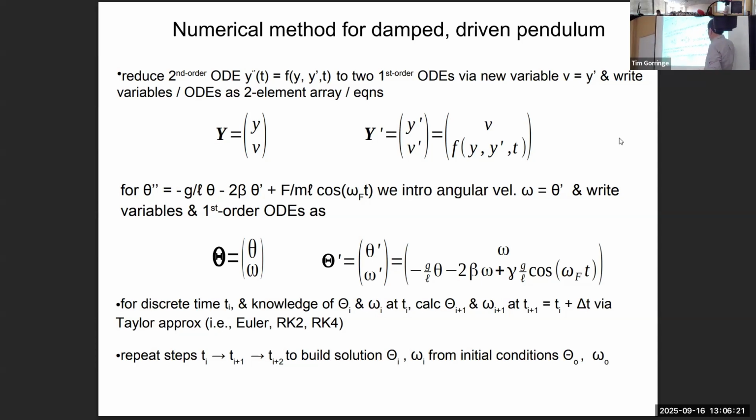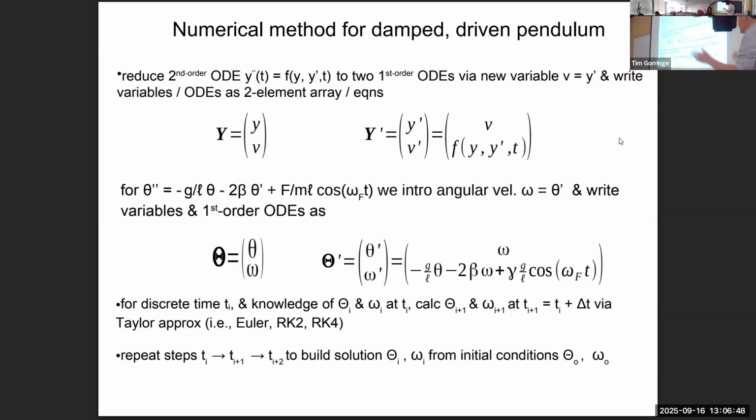The upper row here is that we defined omega as theta prime. So that's the first row. And then the second one is that omega prime, which is theta double prime, is equal to the right-hand side of that differential equation. So this is how we're going to code up the two variables of our first order differential equations and the differentials themselves.